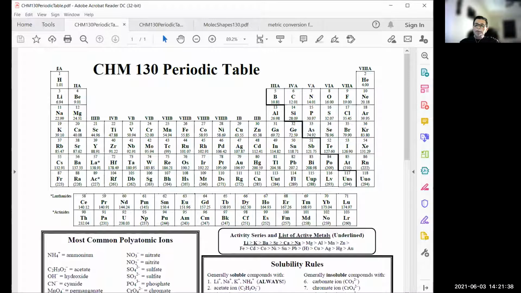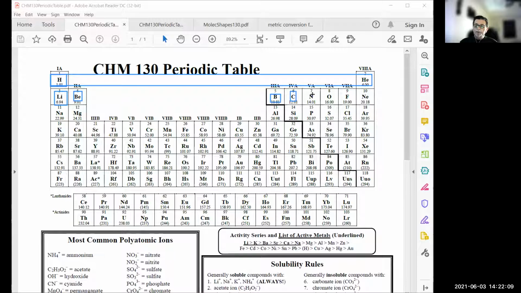So we start with hydrogen here, and then we shoot across to He, which is helium. Then number 3 brings us back to the beginning of the table on the far left. We have Li, which is lithium. Be is beryllium. And then we shoot across for number 5, which is B for boron.